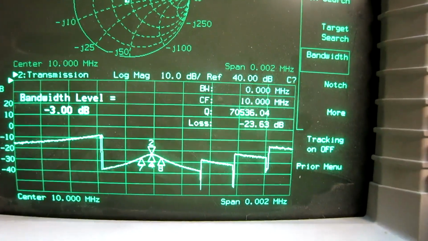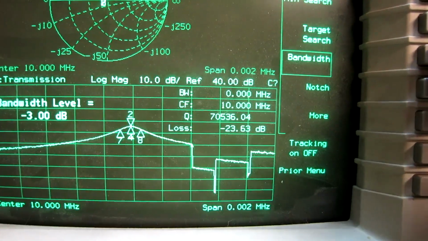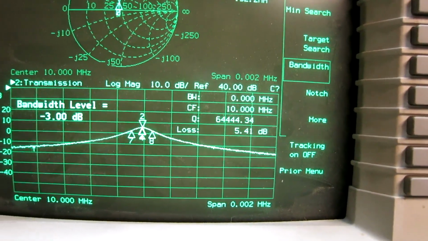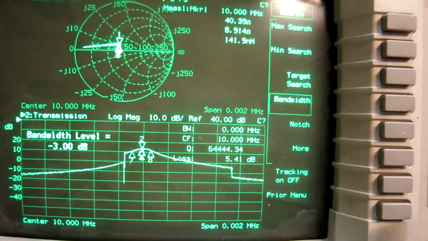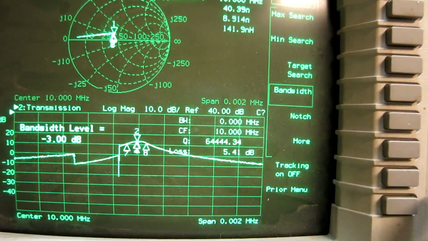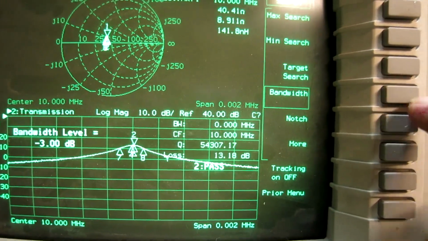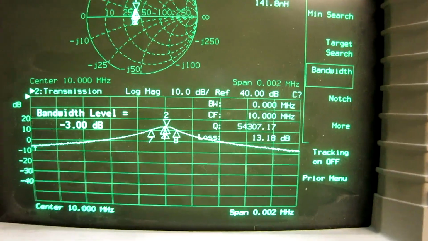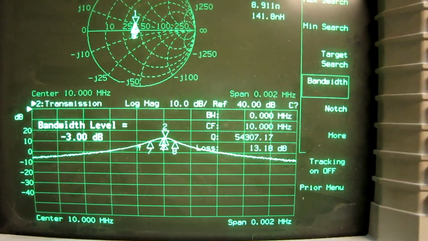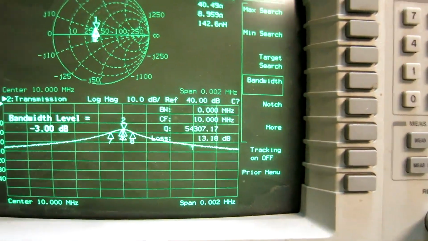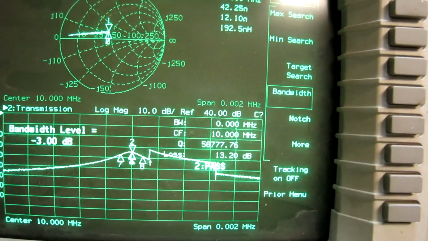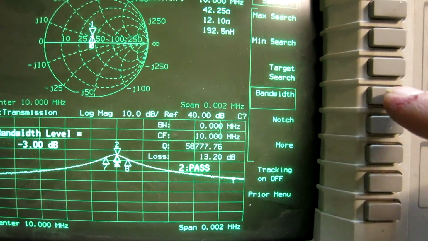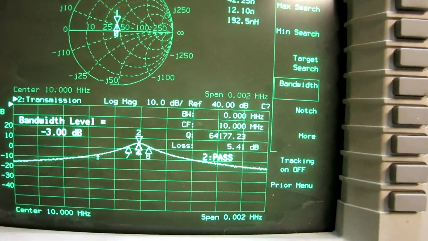And I bring the level up. And now it is 64. Even more signal, it's 54. So this is obviously too much. And also this, 64.